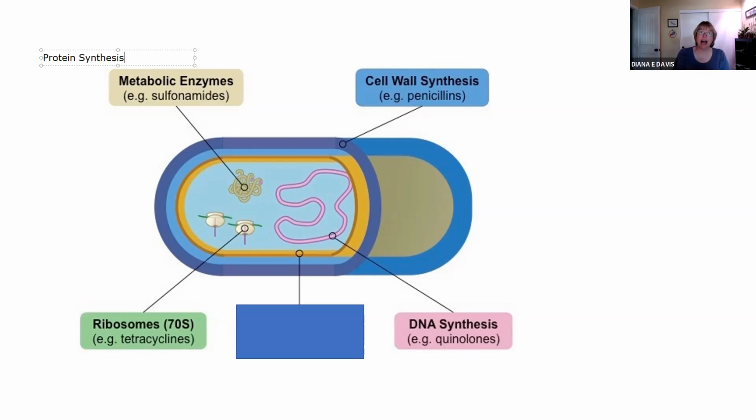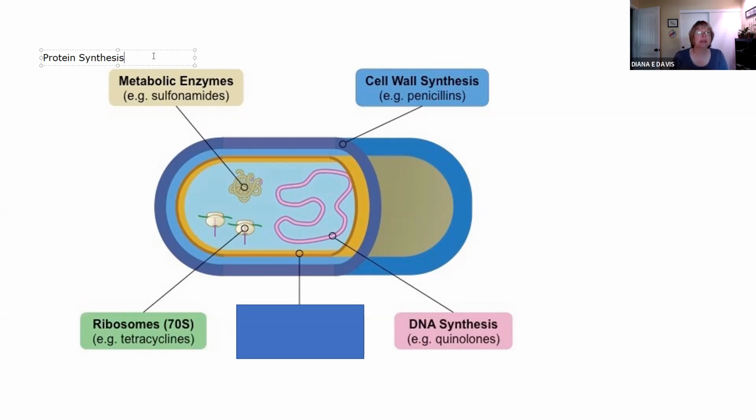So if you attack protein synthesis, that's attacking the way that cell functions. And so that's more likely to kill a cell. So the cell wall and the DNA targets, that's tending to stop cell division. So those are more bacteriostatics. This one will actually kill the bacteria.